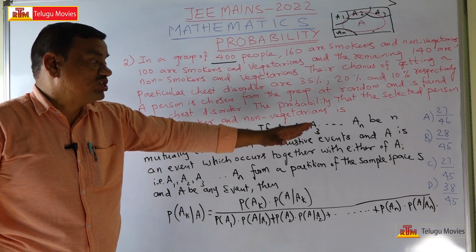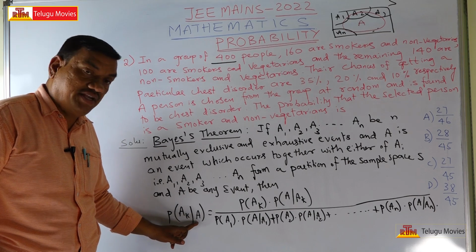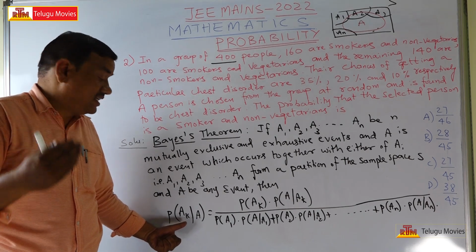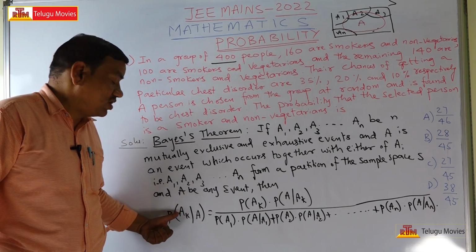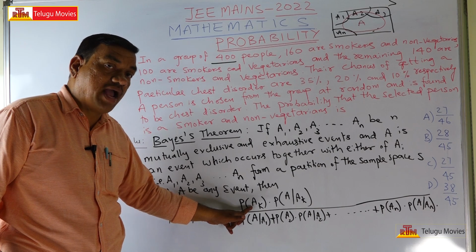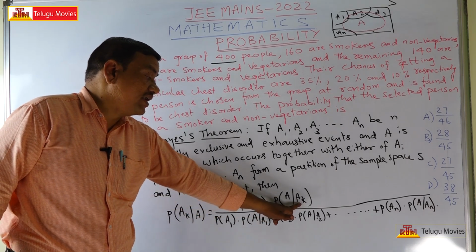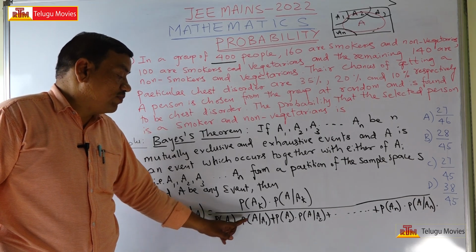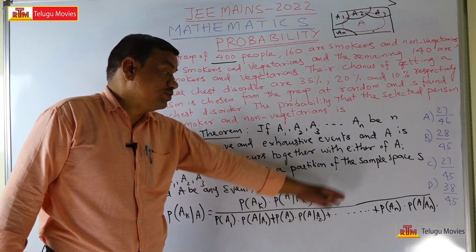Then, A1 to An form a partition of the sample space and A is any event, then the probability of happening of A after the happening of Ak, where k is 1, 2, 3, so on up to n, that is k less than or equal to n, is given by the probability of Ak times the conditional probability of A given Ak, divided by probability of A1 times probability of A given A1, plus probability of A2 times probability of A given A2, and so on up to n.